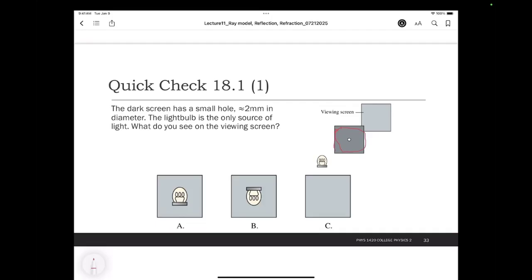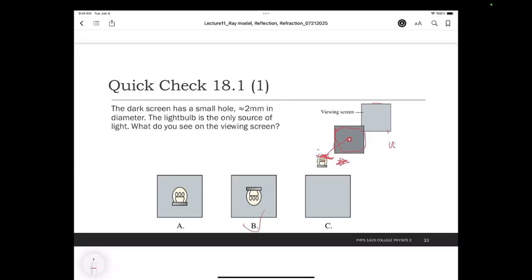Because the hole is that tiny, the extended light source has so many point sources. So on the view screen, we can see the flipped image of the bulb.